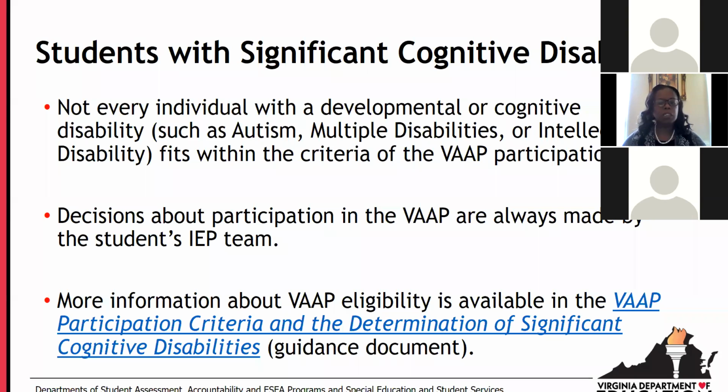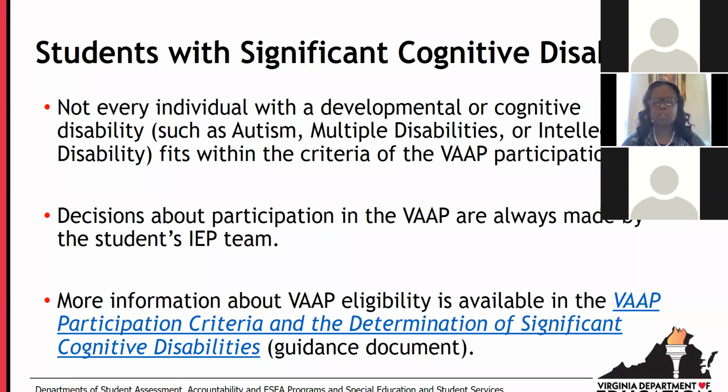So just because a student has a label or is identified under the category of autism, or as a student with multiple disabilities, or even intellectual disabilities, it doesn't automatically mean that they're going to fit the criteria to participate in the Virginia Alternate Assessment Program.